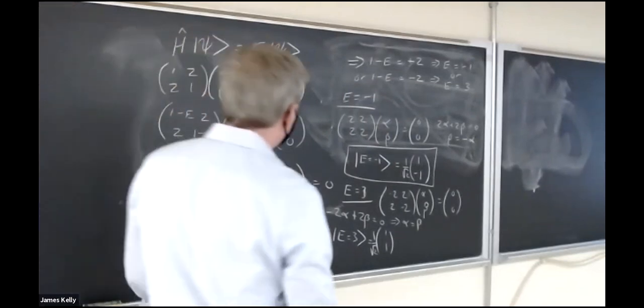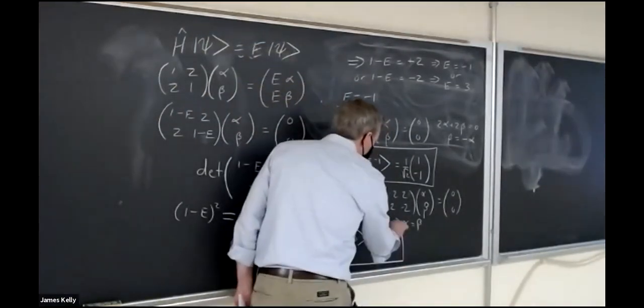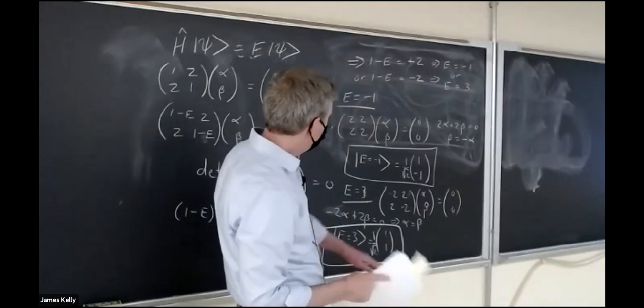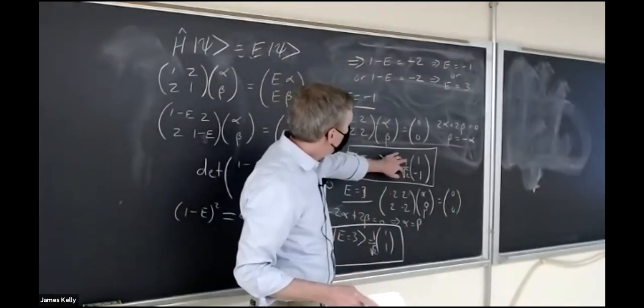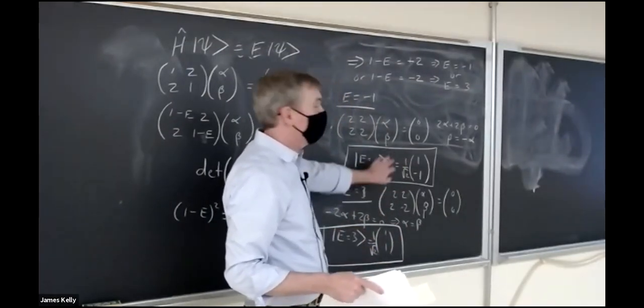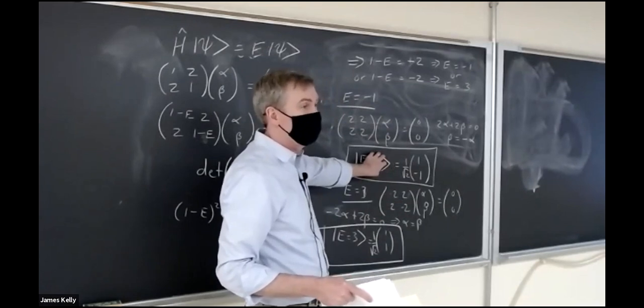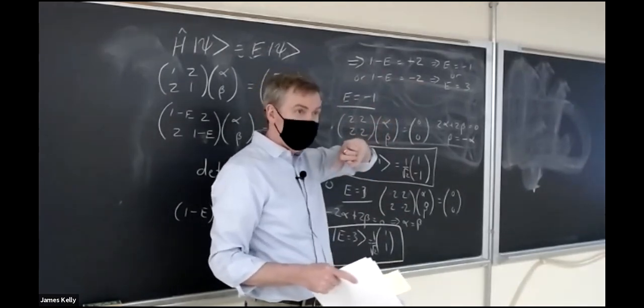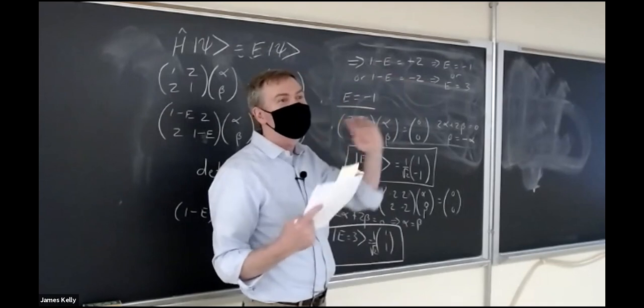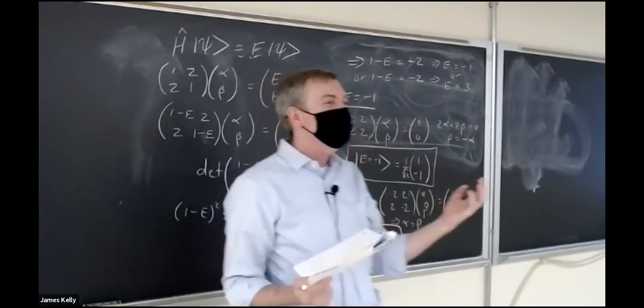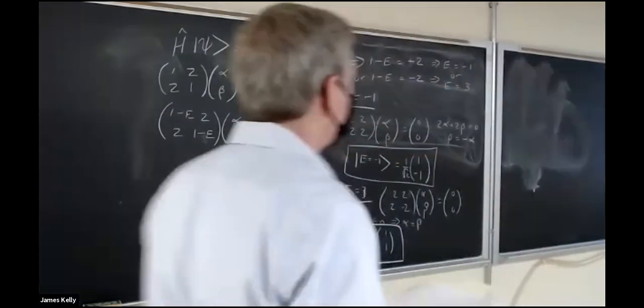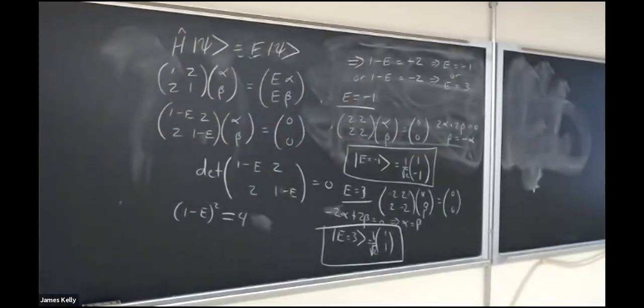So these two eigenvectors are normalized, and they're a basis for our two-dimensional vector space. Of course, 1, 0 and 0, 1 were also a basis, but we're not interested in that basis. We're getting a new basis that actually corresponds to stationary states.